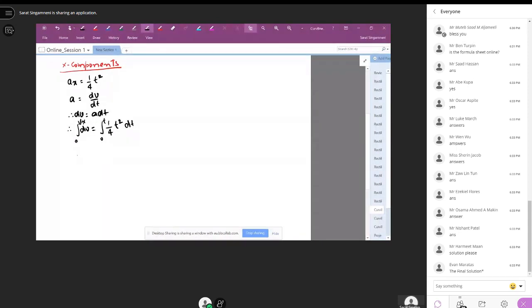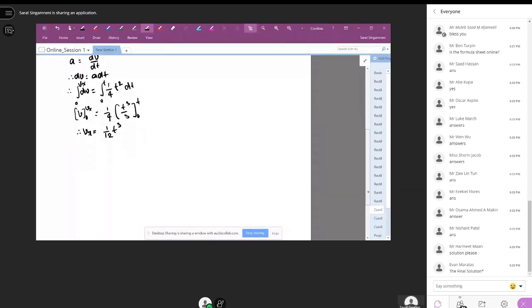So on the left side, it becomes v from 0 to vx is equal to 1 over 4 times t cubed over 3 between limits 0 and t. So from this, vx, the horizontal component of velocity, is equal to 1 over 12 t cubed.